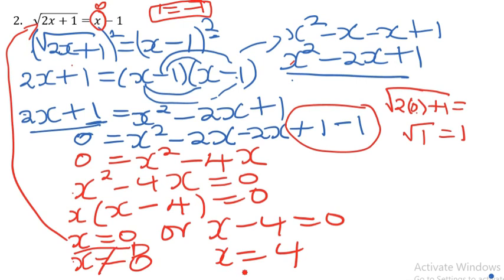Let's check the one for 4. If you take 4, you write it there, times 2, plus 1. Let's see what we get. This will give us 8, 8 plus 1 gives us 9, and the square root of 9 gives us 3. We have 3 on the other side.